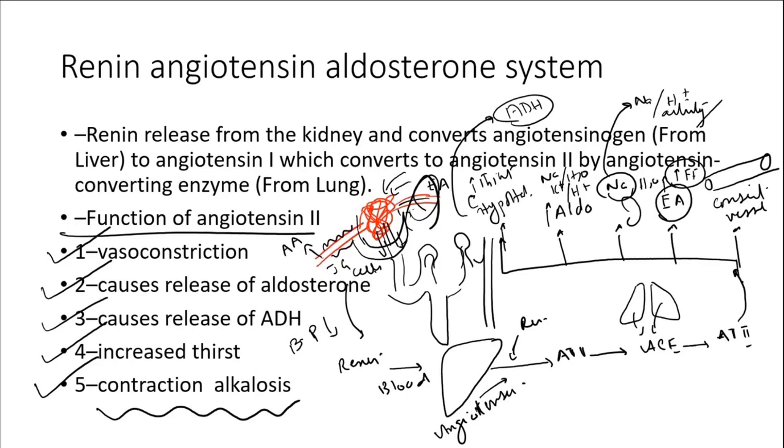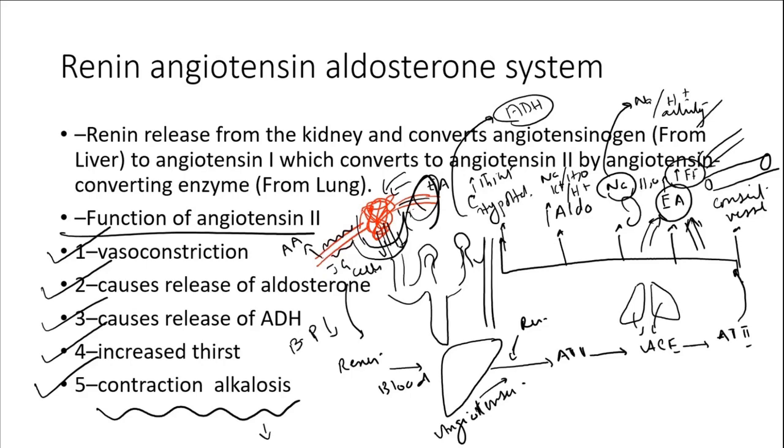Efferent arteriole, sorry. So this EA is efferent arteriole. I just kind of use the term. So it constricts efferent arteriole, which is arising out of glomerulus. So if you constrict the efferent arteriole, the back pressure in the glomerulus will go high, and then the filtration fraction will increase. Sorry. What is contraction alkalosis?